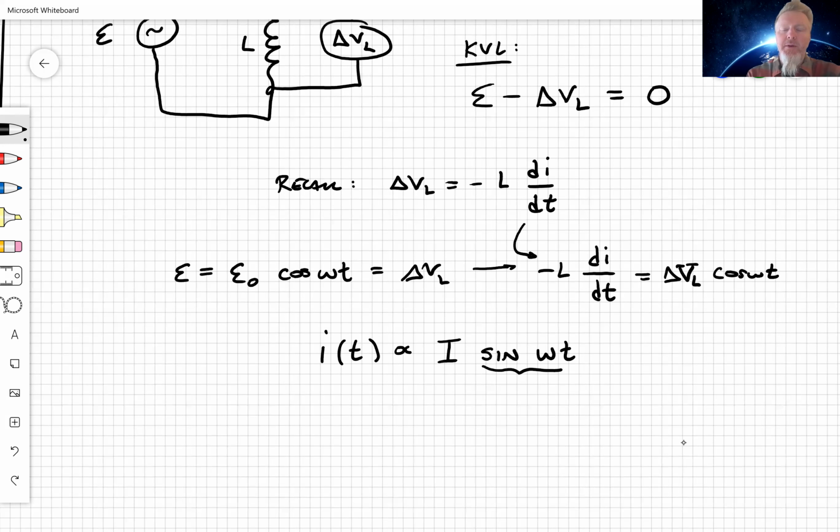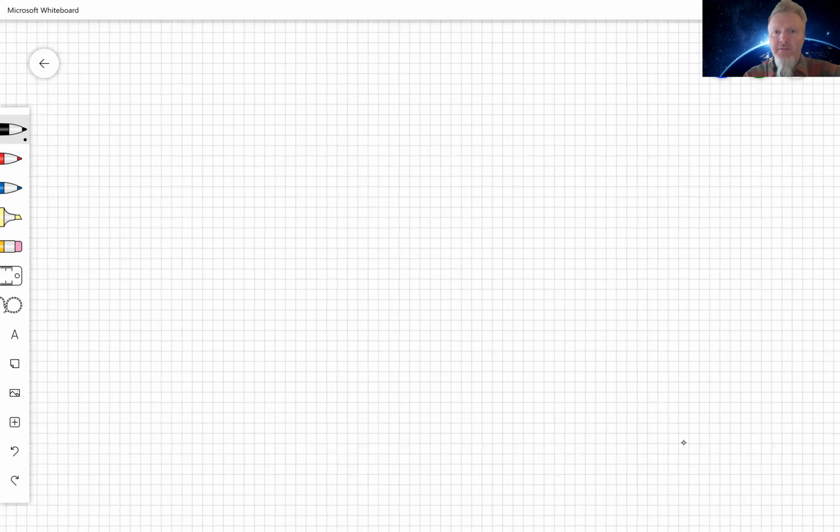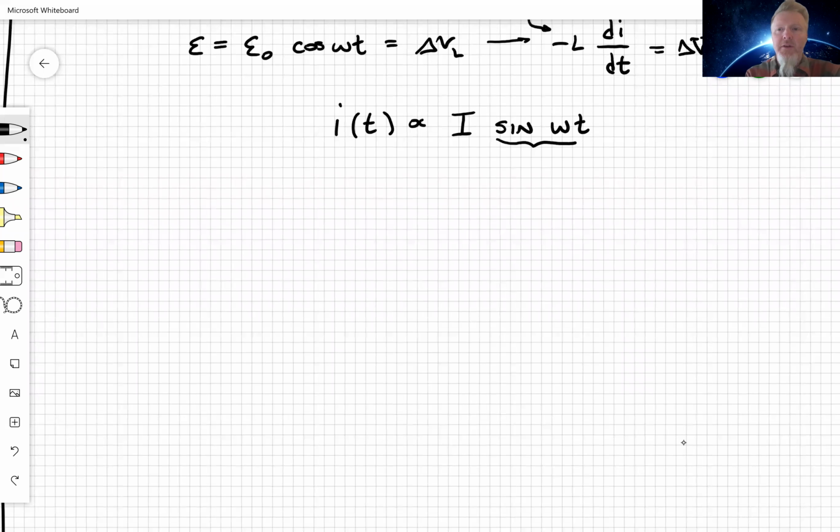I can rewrite the sine as a cosine, but it doesn't matter. Let's just graph this. I have a cosine for the voltage and a sine for the current.